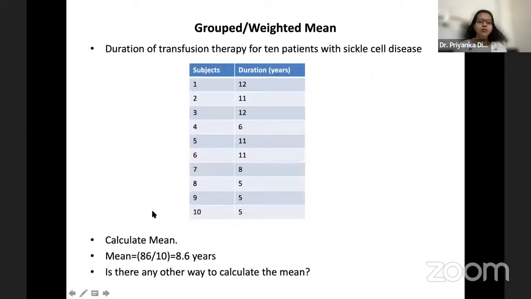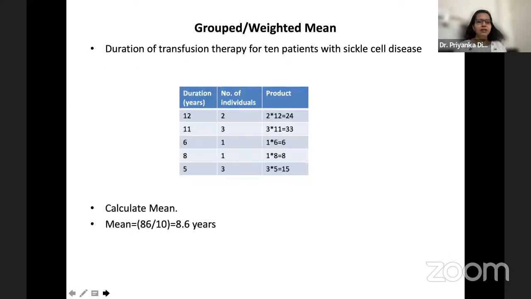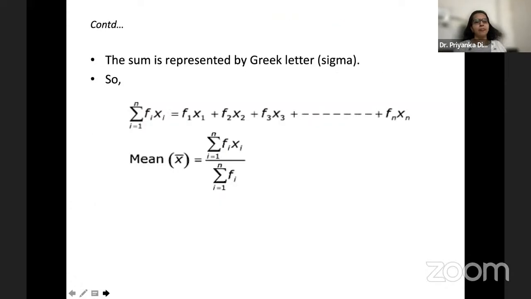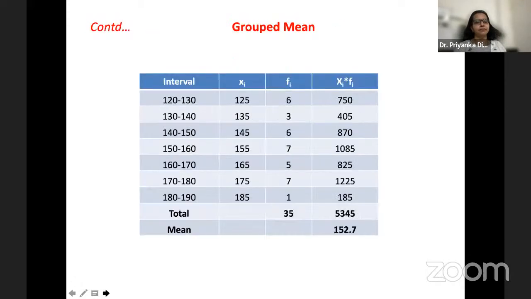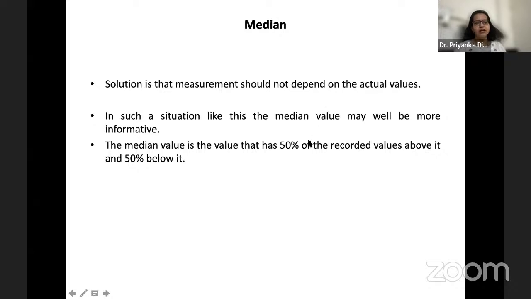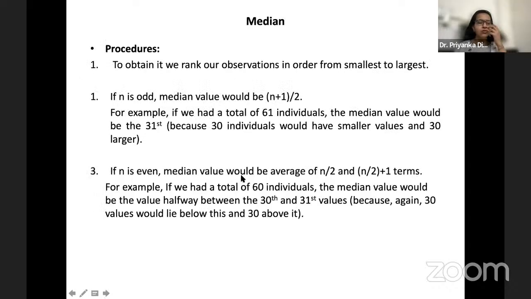So how can we calculate the median? There are two formulas to calculate the median. If you all can write down, I would appreciate.